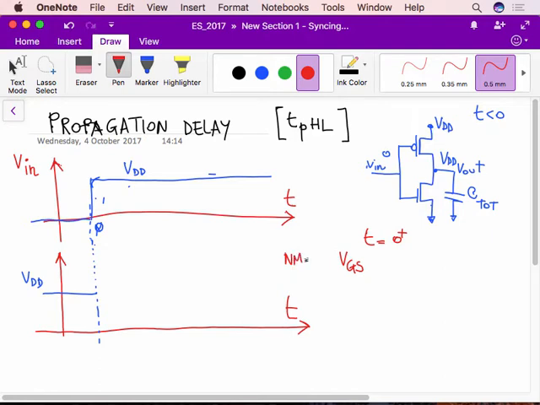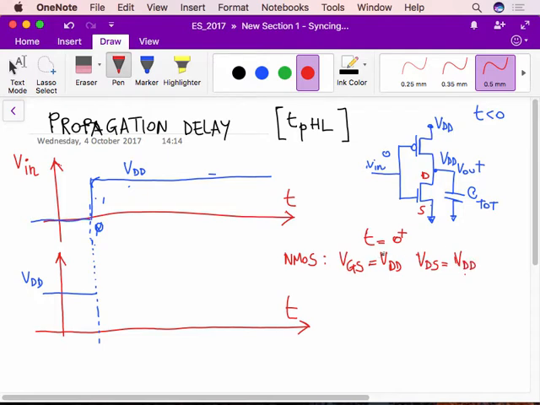Okay, NMOS. VGS is equal to VDD, and VDS is Vout, which is the voltage on the capacitor, so it cannot change. So VDS is equal to VDD.